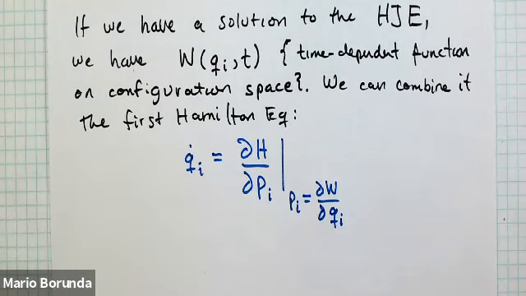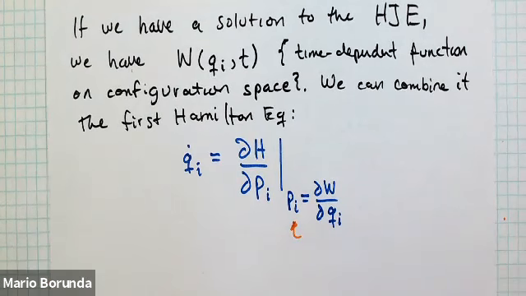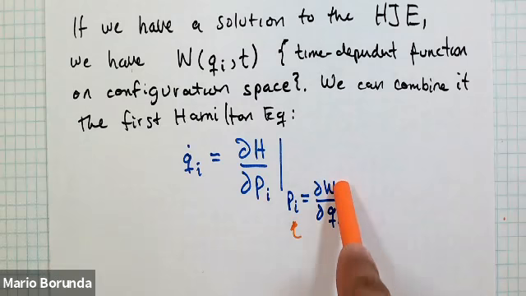So what we're doing here is replacing whatever the Pi's are, whatever the conjugate momenta are, with derivatives of a function that we know. And this is a function.